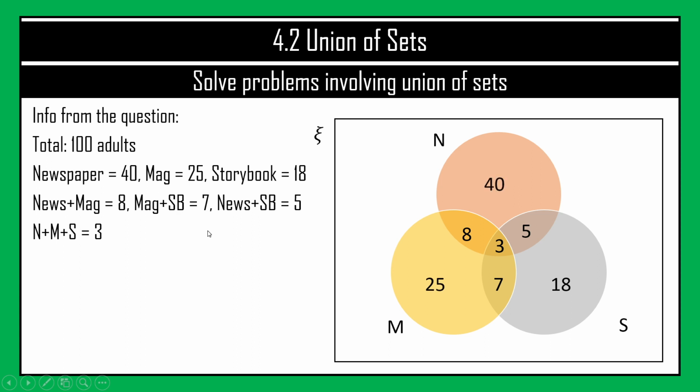And then newspaper, 40. But if you notice properly, from all that we learned previously, this is not an actual representation of the correct section, because 40 newspaper is actually all of the 40. I do not want to represent 40 as the section, so we need to readjust it again.